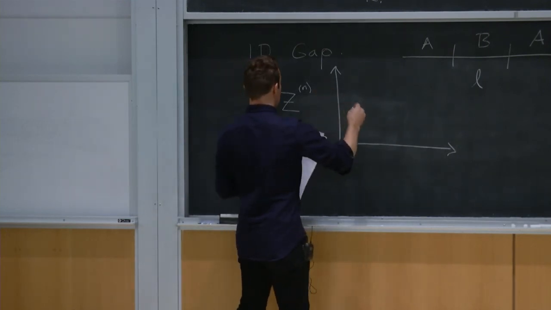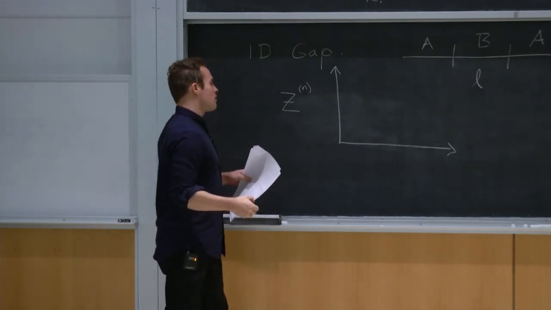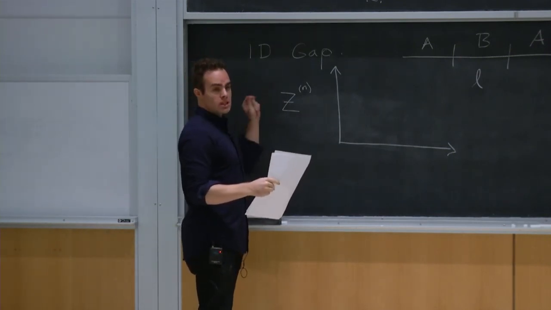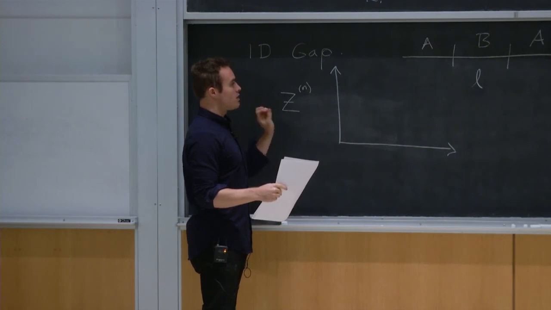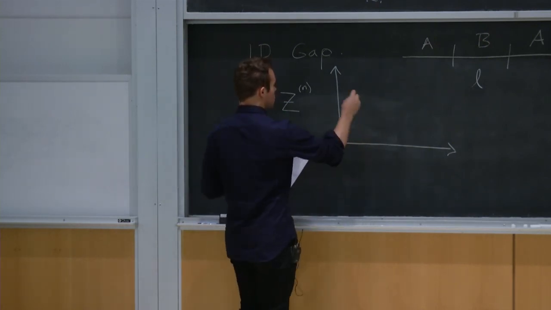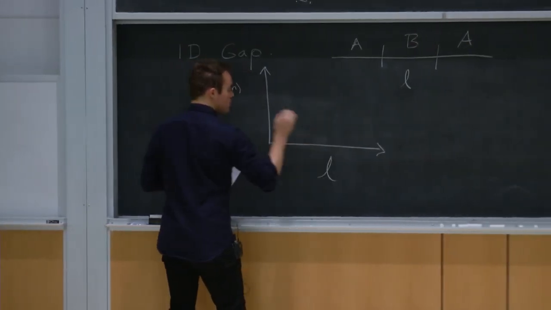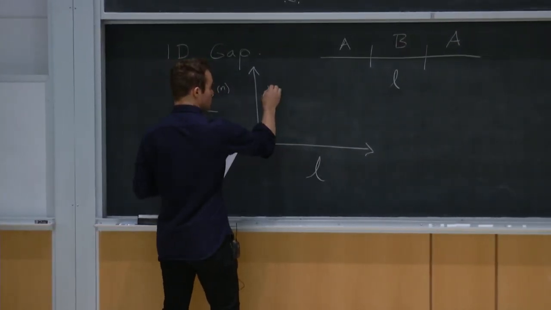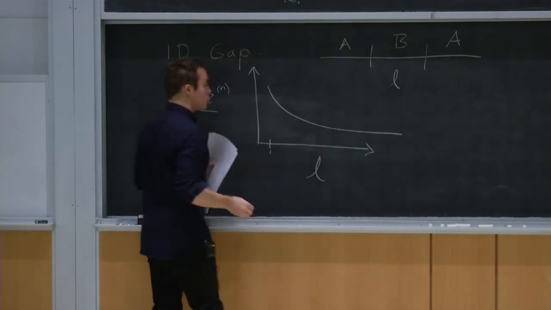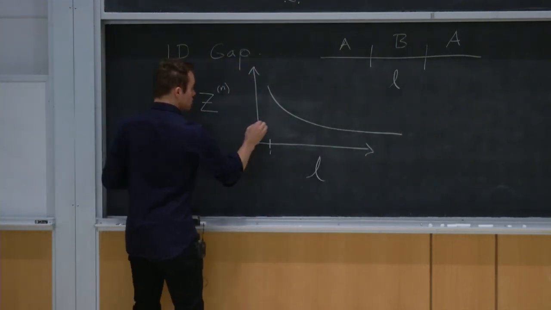So if you look at what Z_n looks like, we said big Z_n means little entanglement. Small Z_n means a lot of entanglement. And what you tend to find is, let's say this is the size of the region I cut out here, it will do something like this.